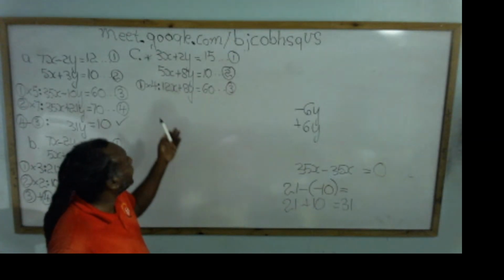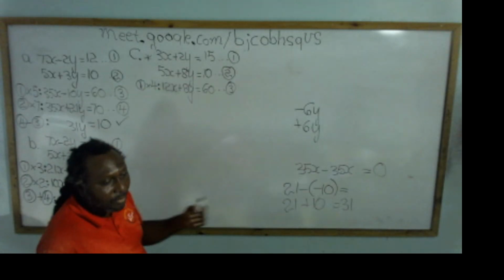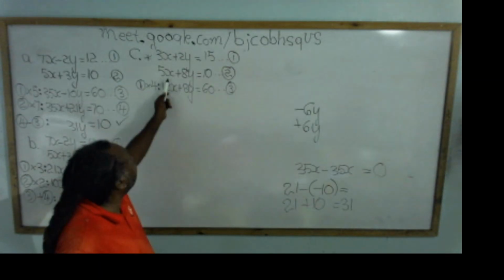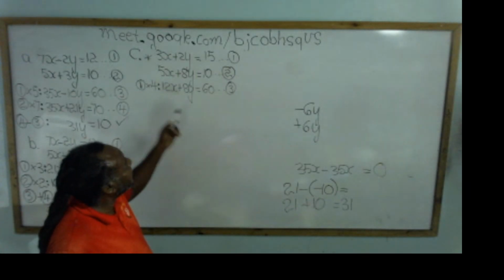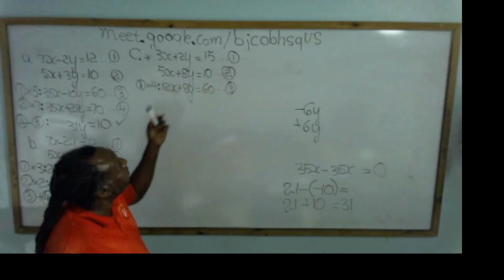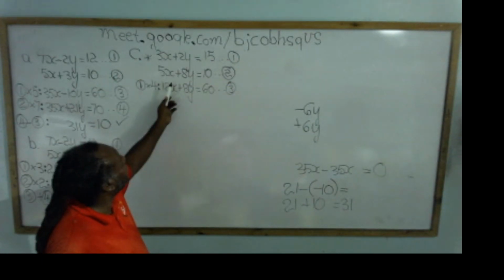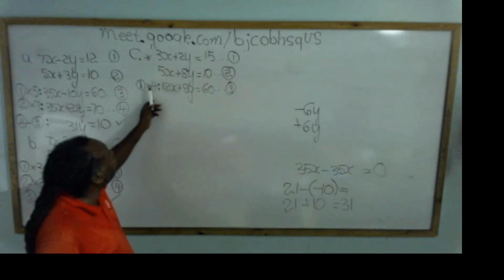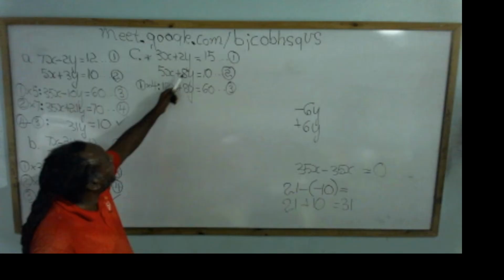You pay attention to detail. And you know that all that we need is two of the coefficients to be the same or to be additive inverses. And then we can do that with the greatest level of efficiency. The greatest level of efficiency will be attained if we multiply just equation 1 by 4. And by so doing, we have 8y and 8y.